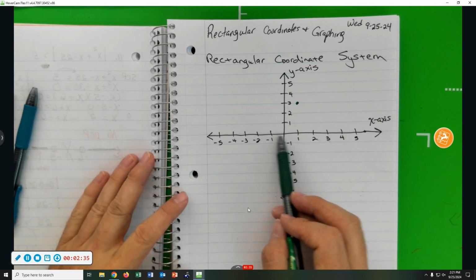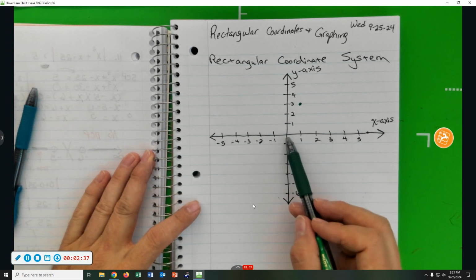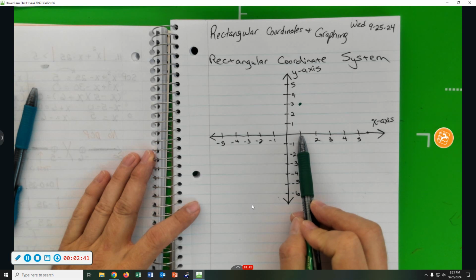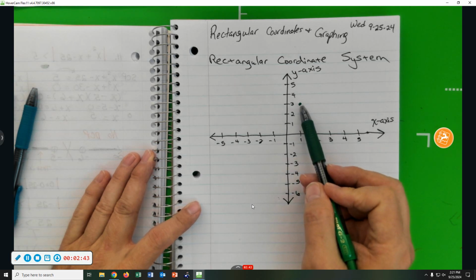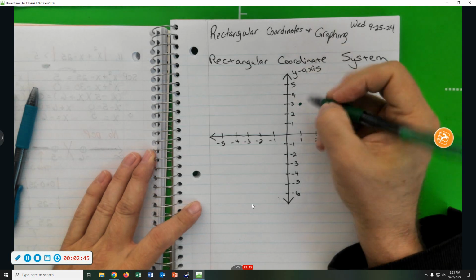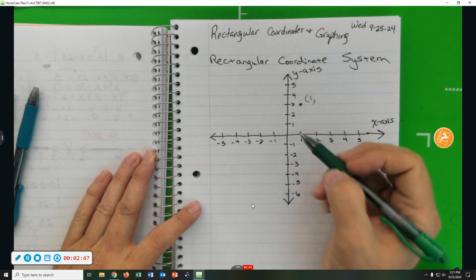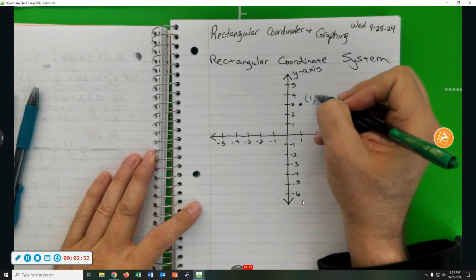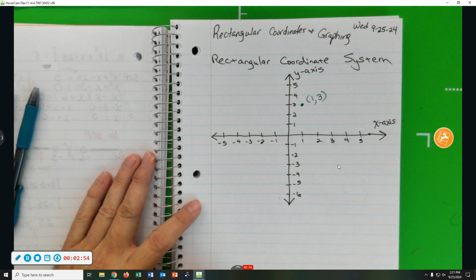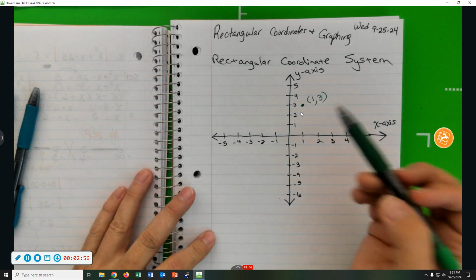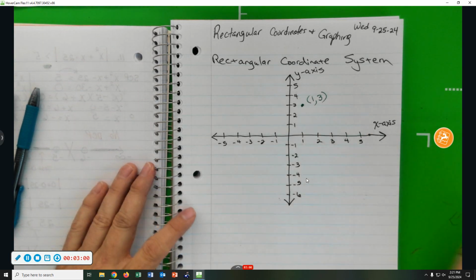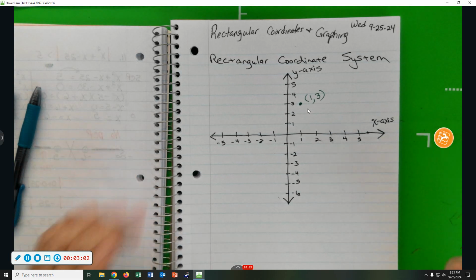The first thing you do is your horizontal movement. Starting at the origin, you go 1 unit to the right to get lined up with that point. So the x coordinate is 1. You then have to move 3 units up, 1, 2, 3, to get to the actual point. So that spot can be referred to using the ordered pair (1, 3).